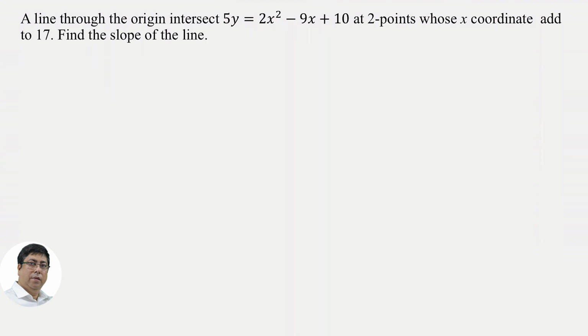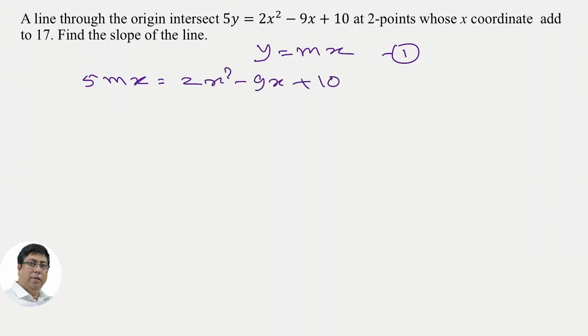So what to do? Let the equation of the line through the origin be y equal to mx, and solving this with the parabola, we put it here: 5mx equal to 2x square minus 9x plus 10.